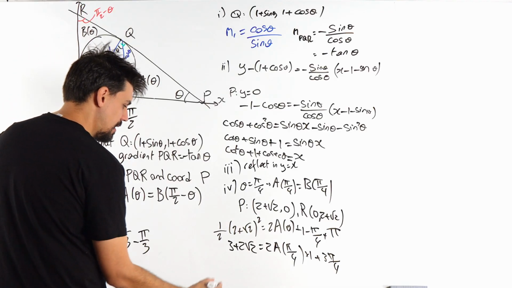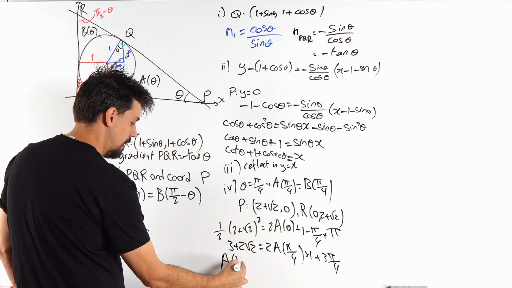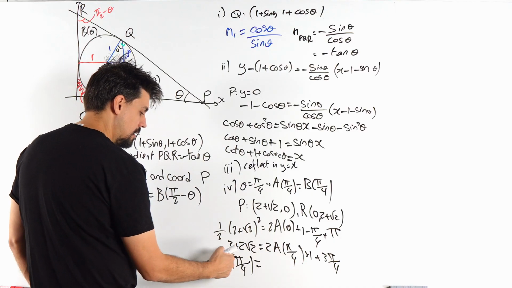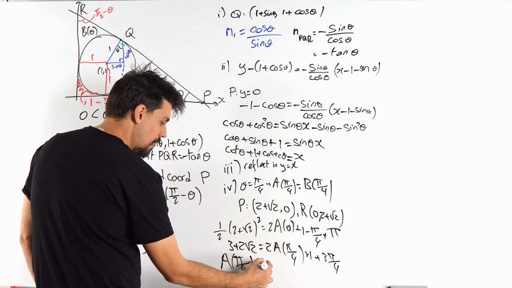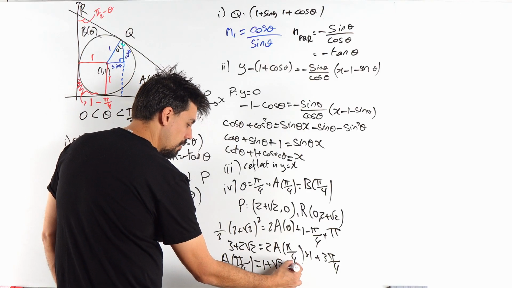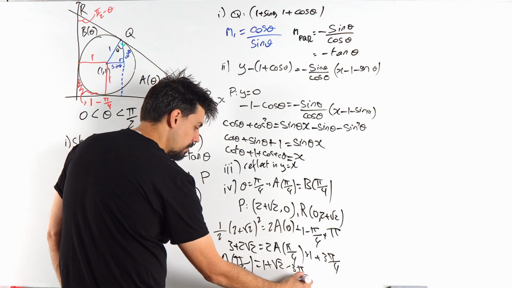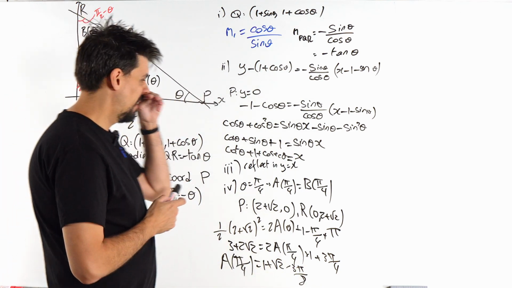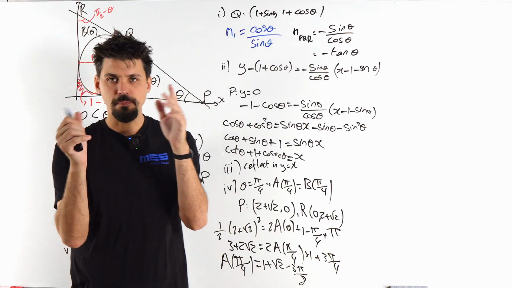And we tidy that up to get the fact that a of pi over 4 is take away 1, divide by 2, so it's 1 plus root 2 minus 3 pi over 8. Awesome.